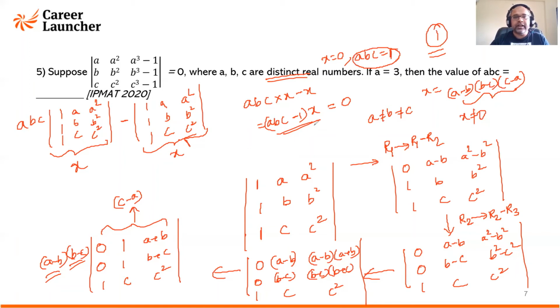So you cannot say that ABC can be 1 or anything, which means you don't have to prove x is not equal to 0, because the question is already formed in such a way that there is only one possibility for ABC. Because it's an explanation in my class, I'm explaining to you why x is not 0 and why it is guaranteed that ABC is 1. In the exam, you don't have to do all this. Straight away after getting this, you can write ABC equal to 1 and that becomes your answer.